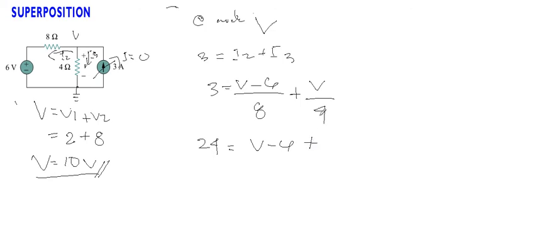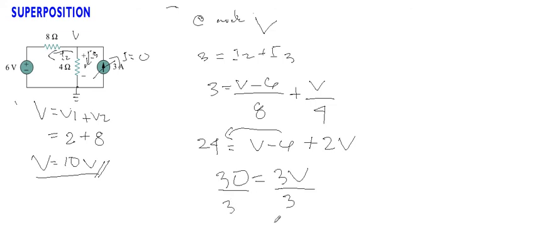Now we have 8 divided by 4, we have 2 multiplied by V, we have 2V. Now, transferring this here, we have 30 is equal to 3V because V plus 2V is 3V. Now, we divide both sides by 3, so the value for V is 10 volts.